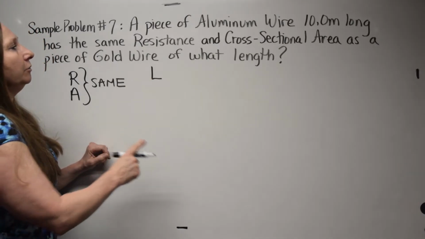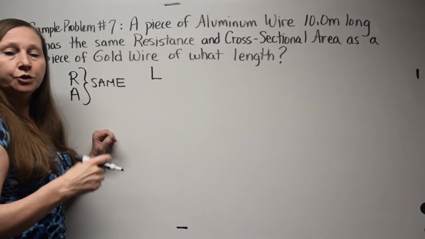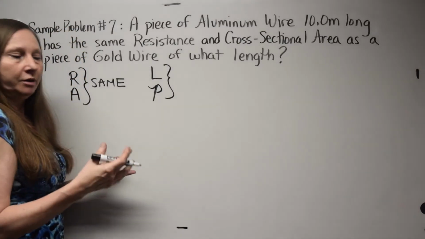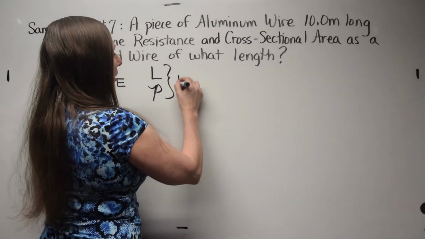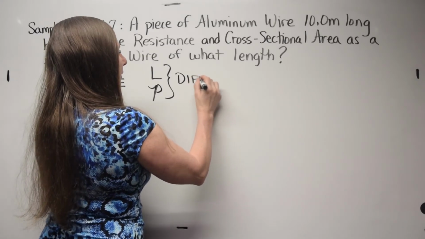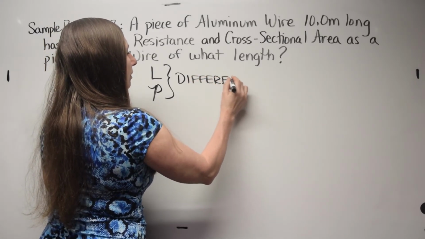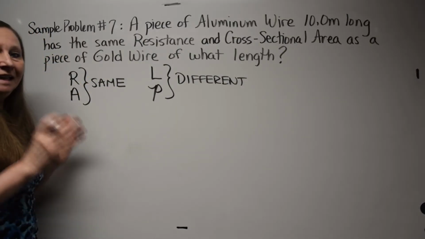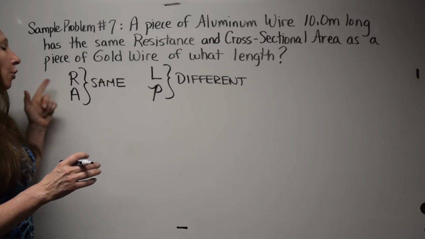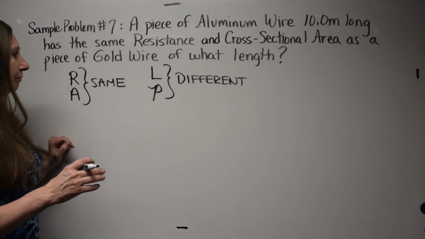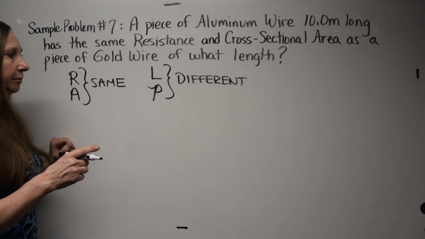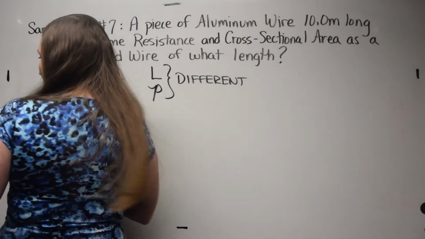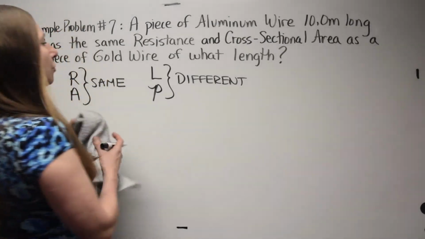Now, we also have aluminum and gold, so we know we can look up the resistivity of each of those metals on the resistivities chart. So these two are likely different. We've got quite a few variables here, and we're like, ugh. We don't know the resistance, we don't know the area. Now, the first step on our list of possible steps a few moments ago was to select an equation.